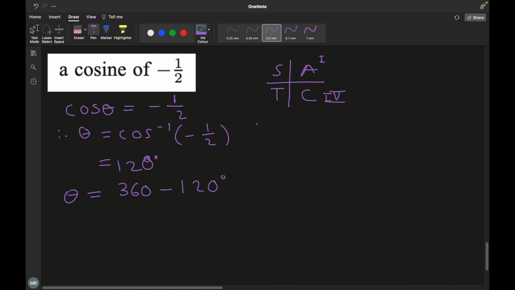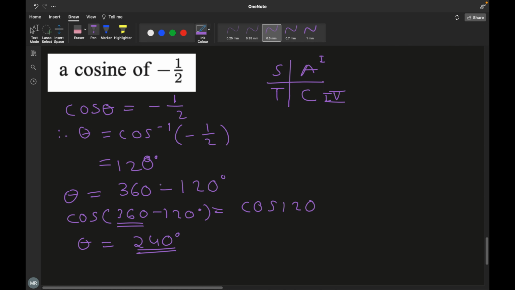Now this would lie in the third quadrant because cos of 360 minus 120 degrees would be cos 120. They would be the same because this is an even multiple of 90. So therefore theta is also equal to 240 degrees. These two are the answers.